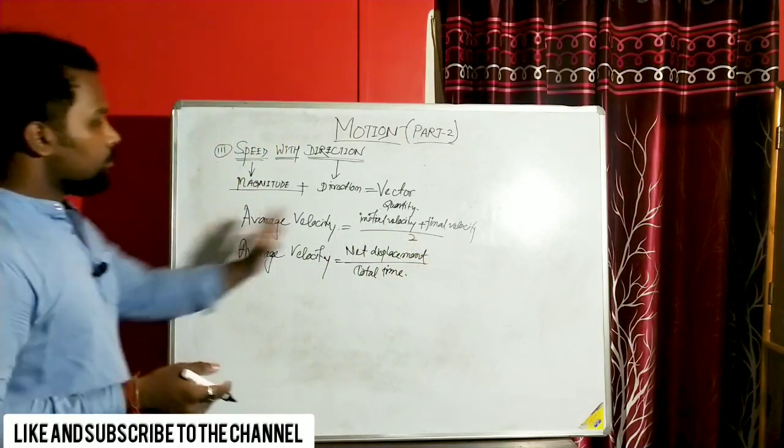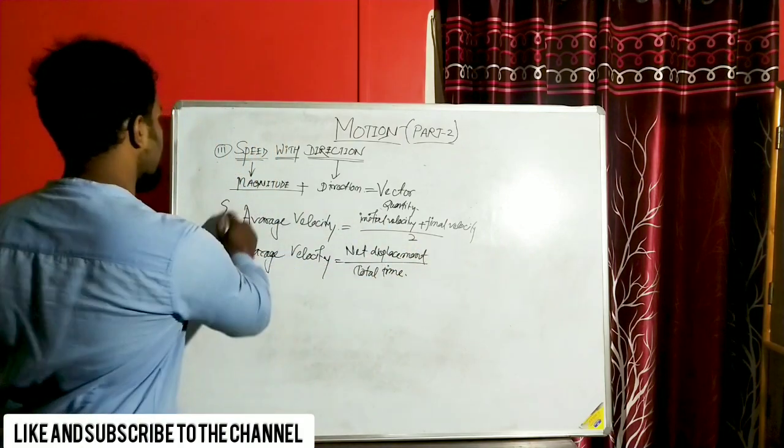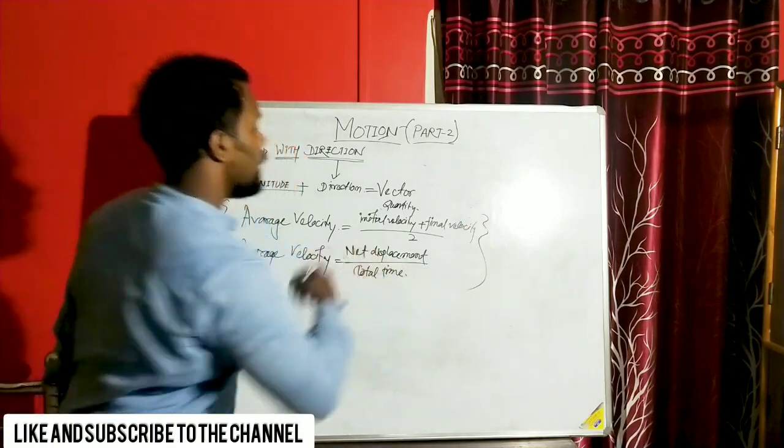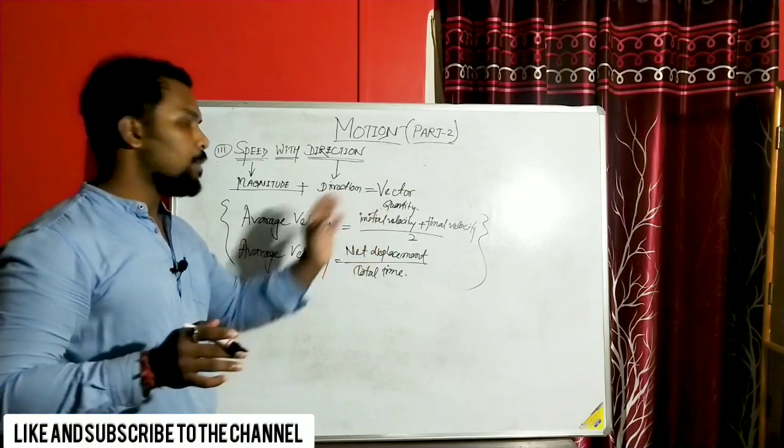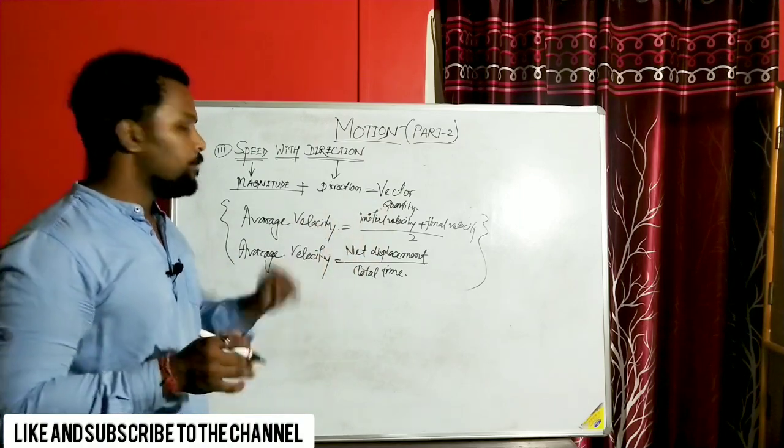This is the main formula that we should remember: initial velocity plus final velocity divided by 2, and net displacement by total time.